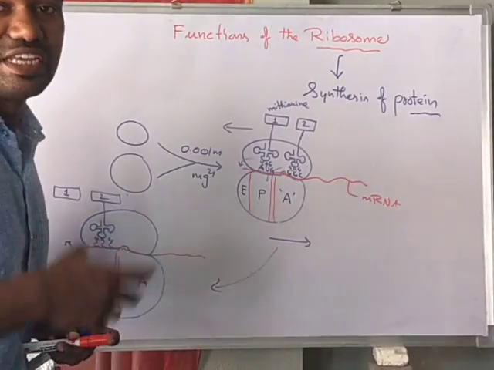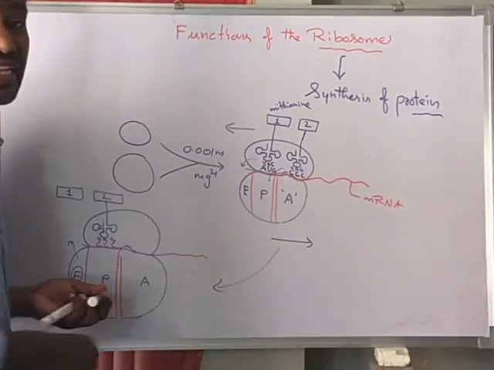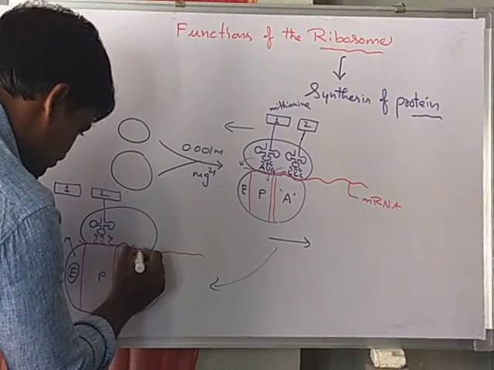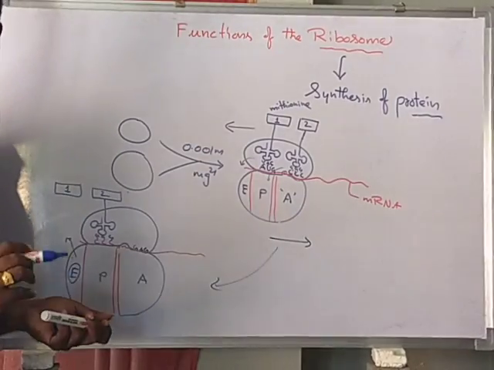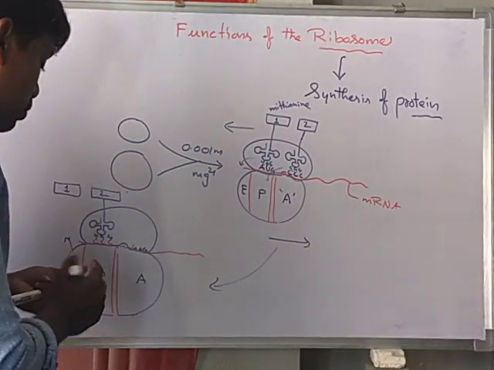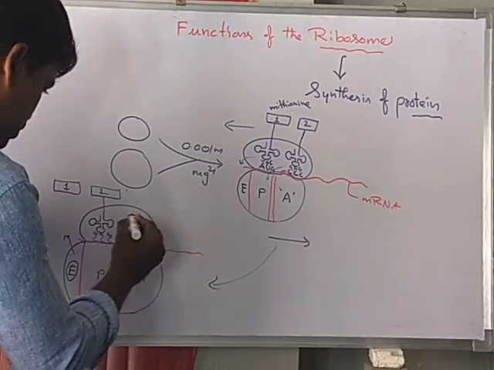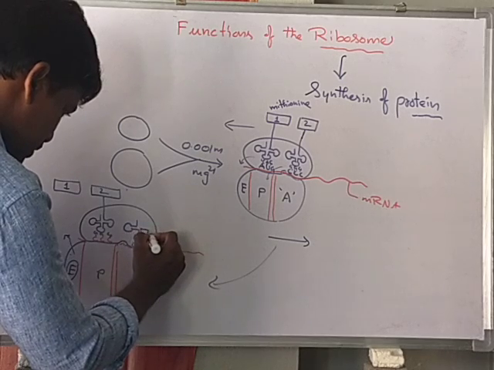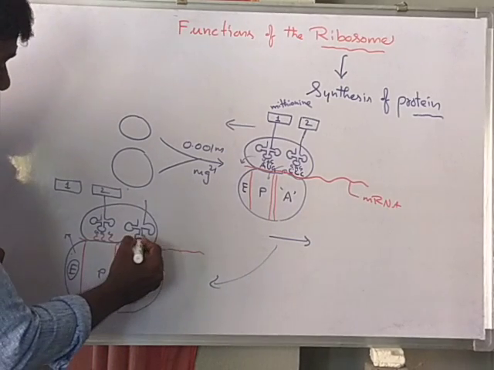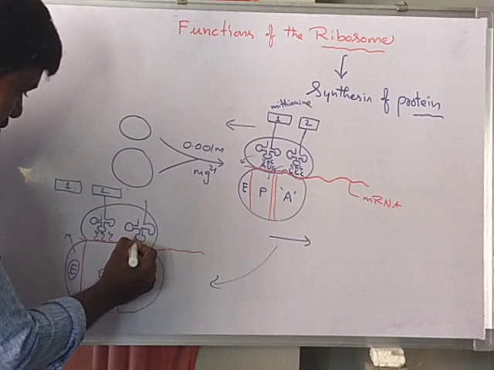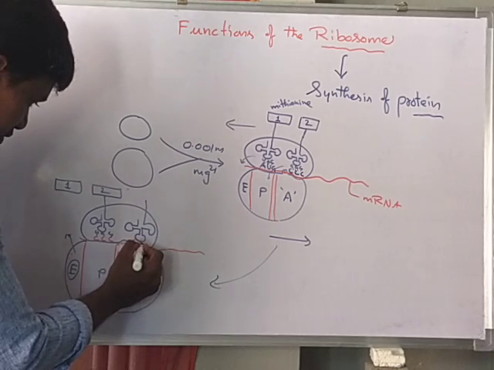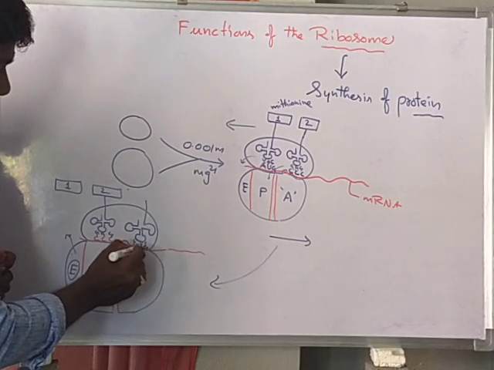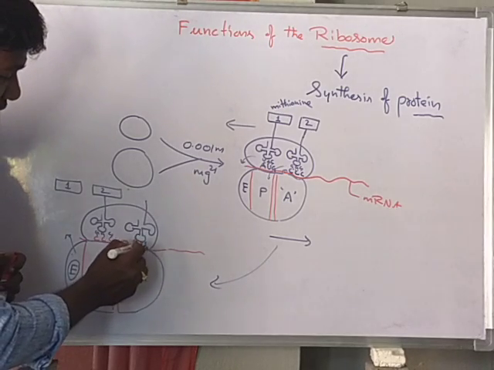Now the new tRNA will join the A site. The A site also contains, for example, GAG. Now one new tRNA will join with the mRNA nucleotides, and complementary anticodons will bind with that.